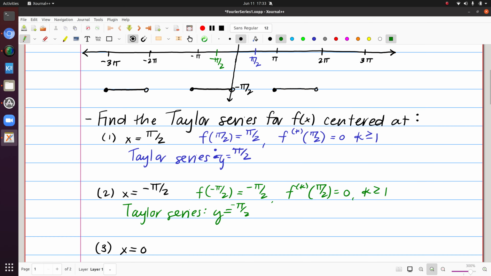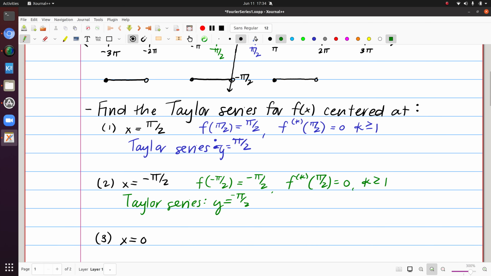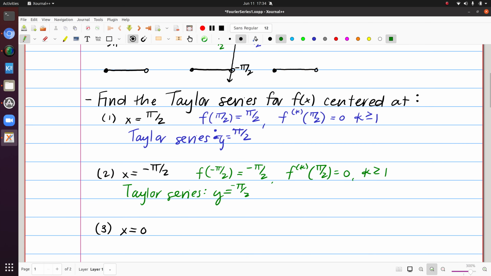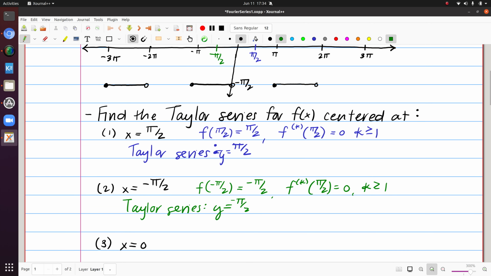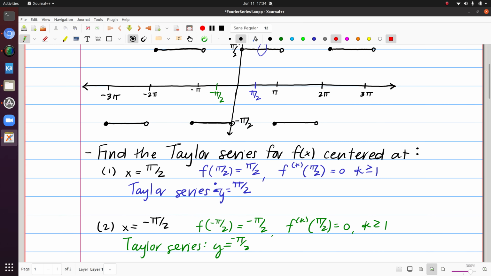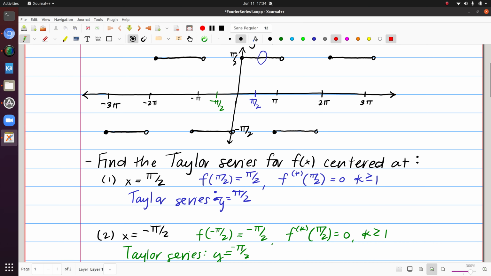The other problem with Taylor series that we can encounter is, what if I asked you to find the Taylor series of this function at x equals 0? What I'll point out is that this is not possible, because one of the things that needs to be true in order to find a Taylor series, that we've kind of taken for granted in all of our examples so far, is that you have to be able to find derivatives of the function at the center.